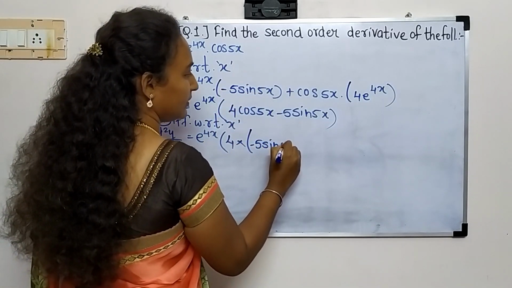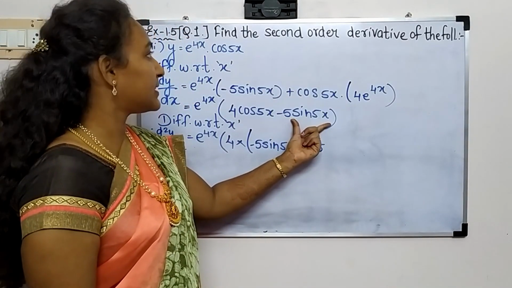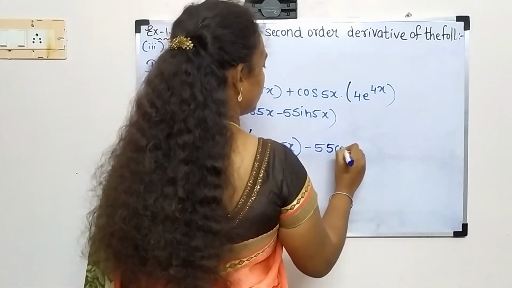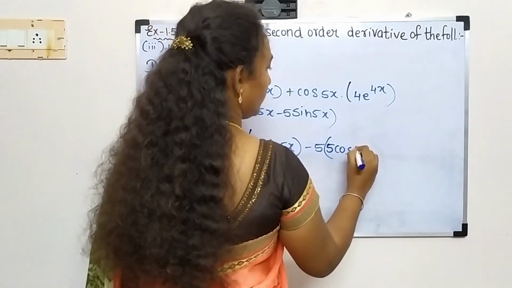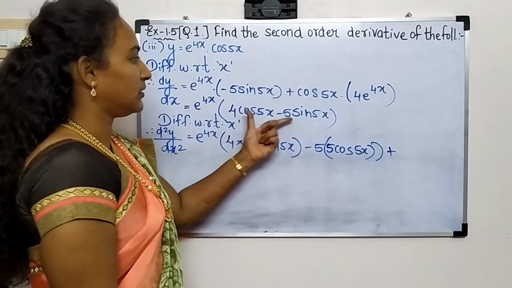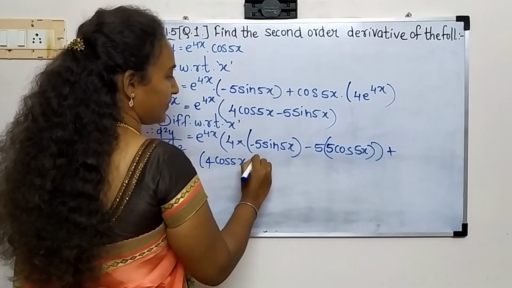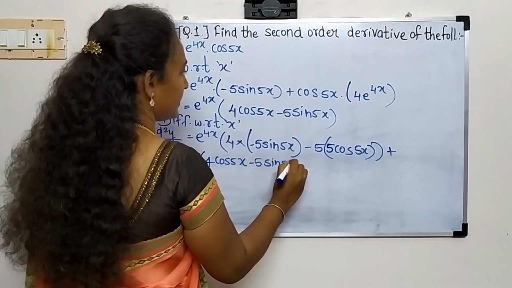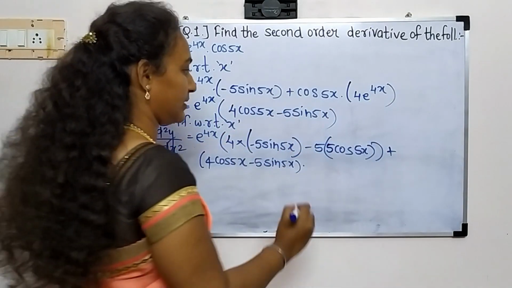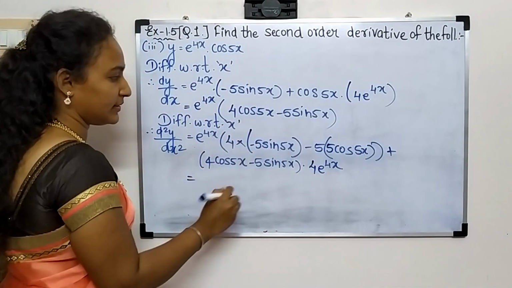Write it in a bracket. Minus 5 and derivative of sine 5x is 5 cos 5x. Plus, write the function as it is, that is 4 cos 5x minus 5 sine 5x, and the derivative of e power 4x is 4 e power 4x.